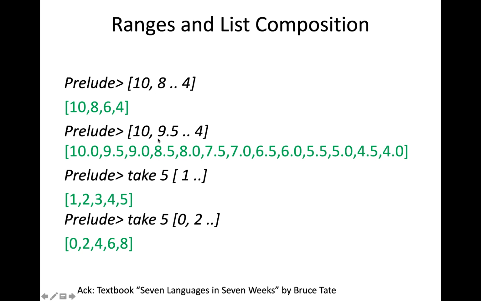Now, not only with integers, with fractional numbers also this can work, and Haskell will figure out the interval like this, right? And you can also talk about an infinite list. So this part means a list which starts with 1, and dot dot means the default increment value is also 1. That is always the default increment value.